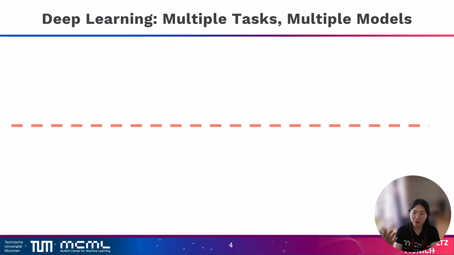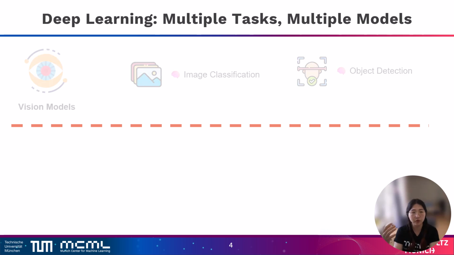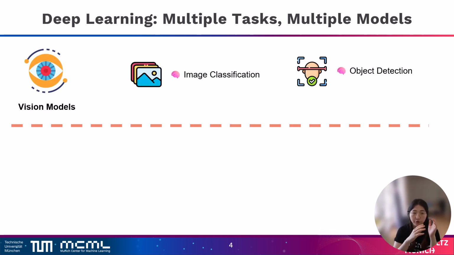And now we can find that classifying social media content is not just one task. It is related to multiple tasks, and you need multiple different kinds of models. For vision tasks, you may need vision models to do image classification or object detection.